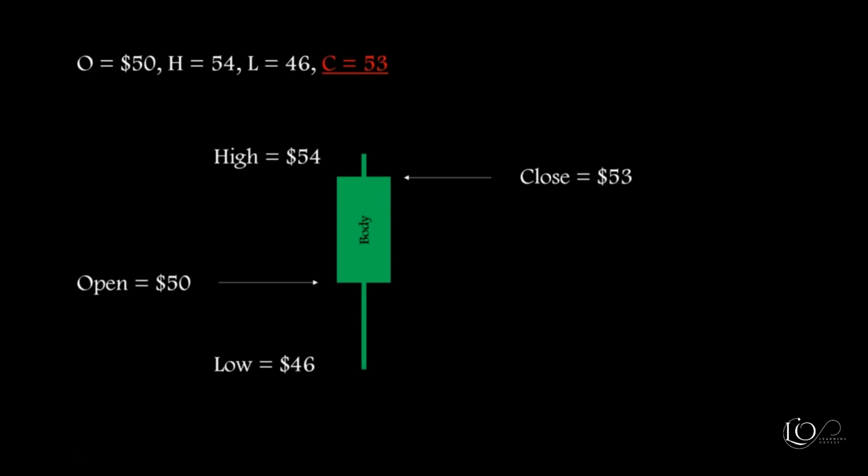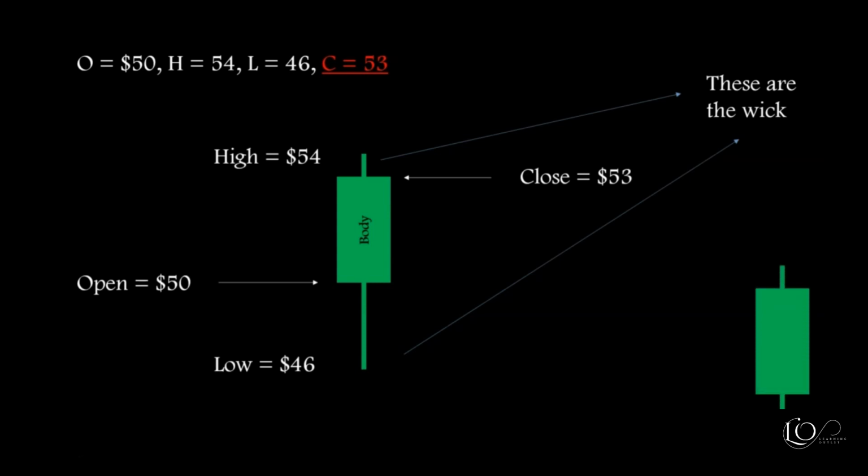Notice that the high is just $1 above the close, therefore the length of the line above towards the high is shorter, whereas the length of the line towards the low is longer. This particular candlestick hasn't been drawn to scale, but on our charts it is drawn to scale. These lines that you see are generally referred to as the wick.